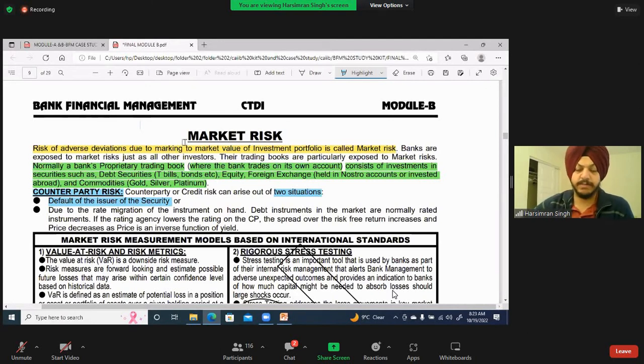As a result, the price of bonds will also come down due to rating migration of the instrument on hand. Or third, if the interest rates in the market increase, bond prices will go down. Price is an inverse function of yield. This thing we did in ABM. In a bond, whenever yield or interest rates in the market go up, bond prices go down.